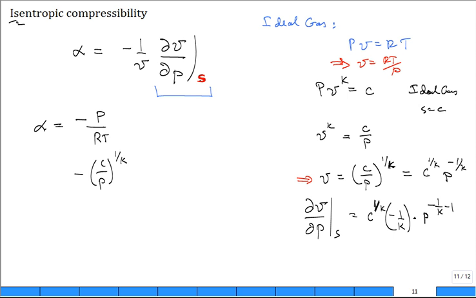So let me ask you this. This derivative was forced to have what held constant? Entropy. This 1 over V, is that forced to have entropy constant? That's the biggest clue I can give you. So, which one do you like? First one. Very good.